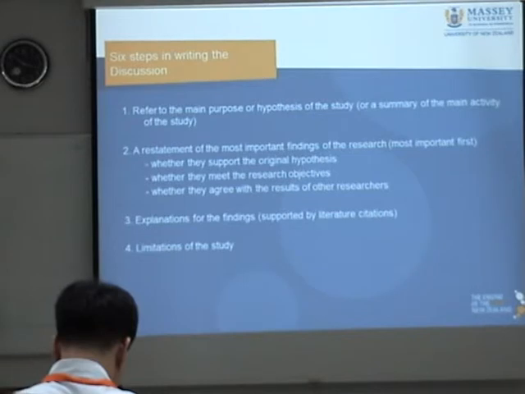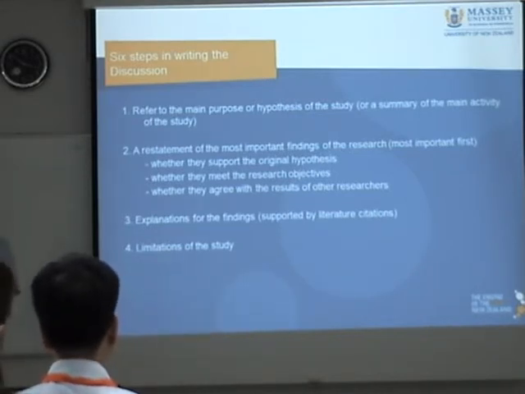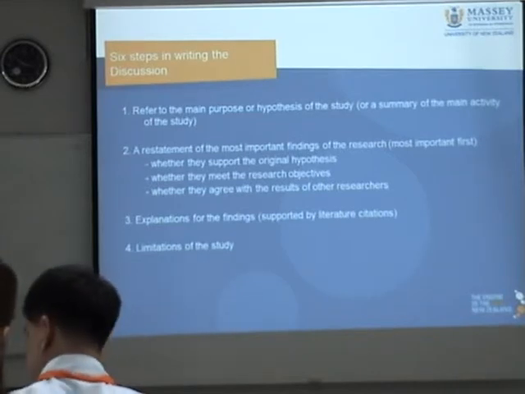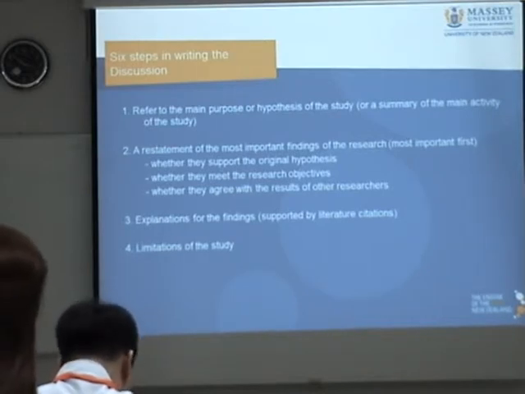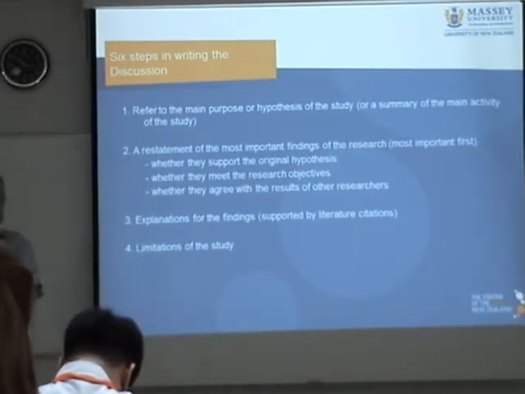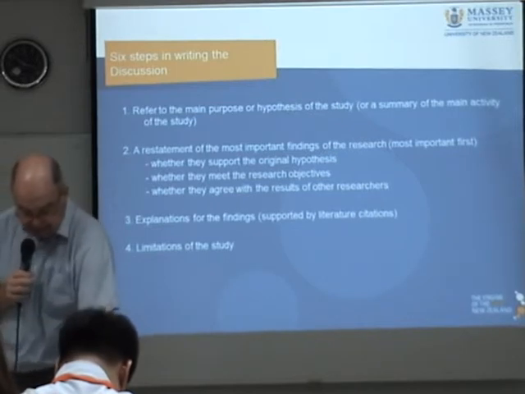Because if I'm reading your paper, I need to know what you thought didn't go right with your study, wasn't perfect. Or perhaps you just worked on one cultivar and you need to tell me that it would be nice if you'd have studied 3 cultivars, because cultivars might be quite different in their responses. So the discussion needs to be honest about admitting limitations in the work that you've done.